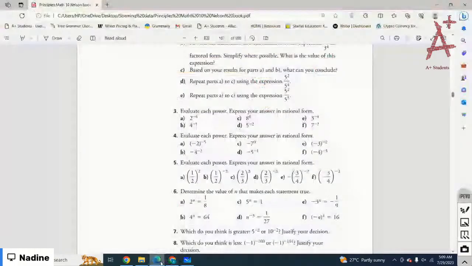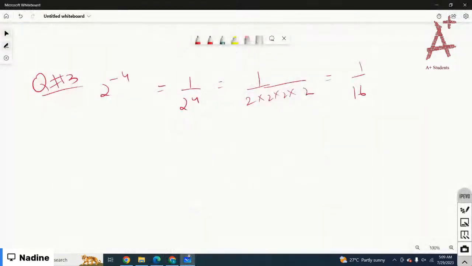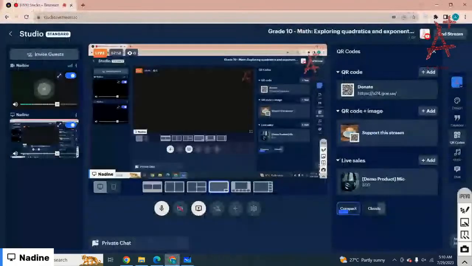Okay, the next one is the b part, 4 exponent negative 1. You can write it as 1 over 4.